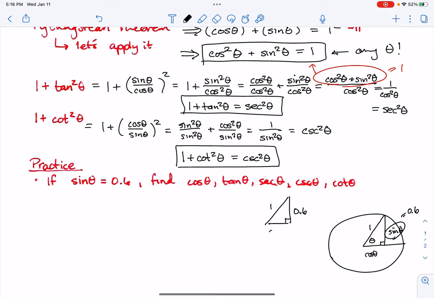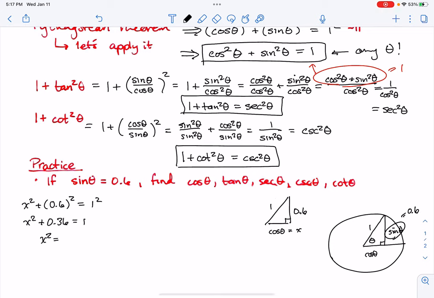And the only thing we're missing is cosine of theta, right? We could call this, let's just call it x, right? If I want to find cosine, just use the Pythagorean theorem, right? So x squared plus 0.6 squared equals 1 squared. So that's x squared plus 0.36 equals 1.